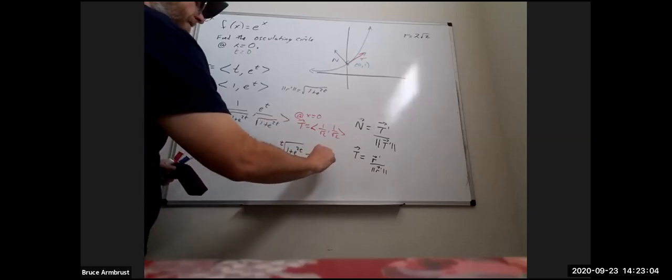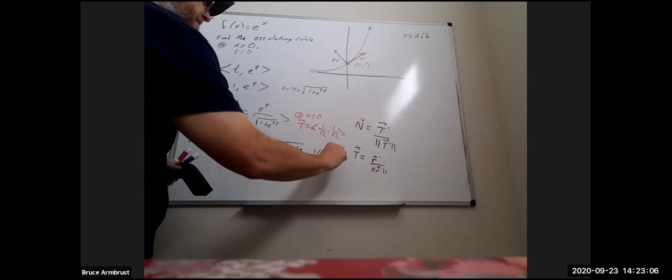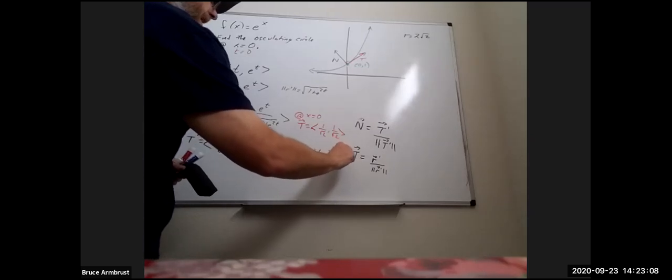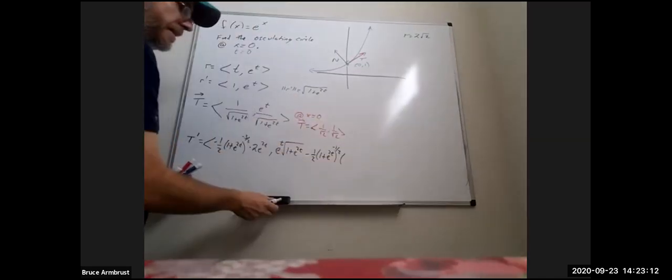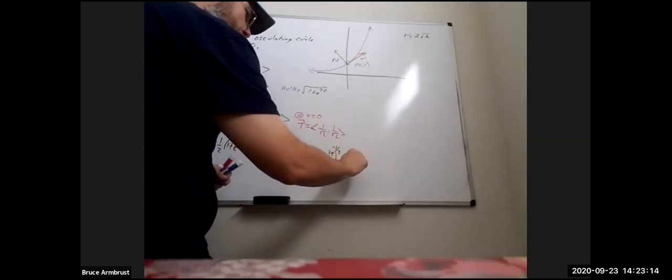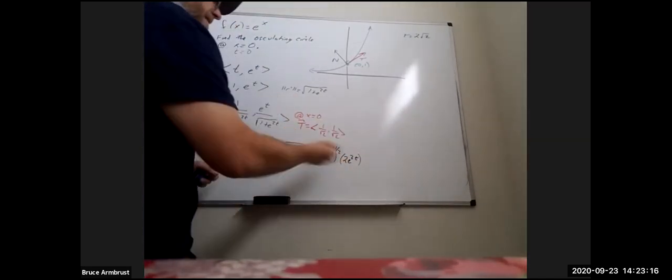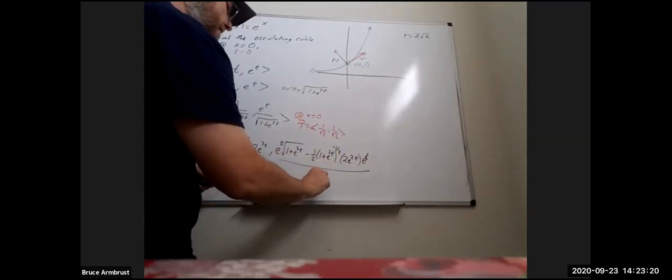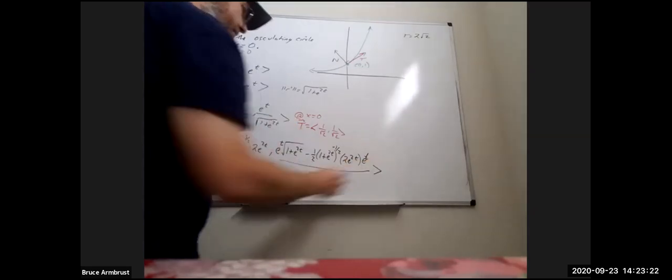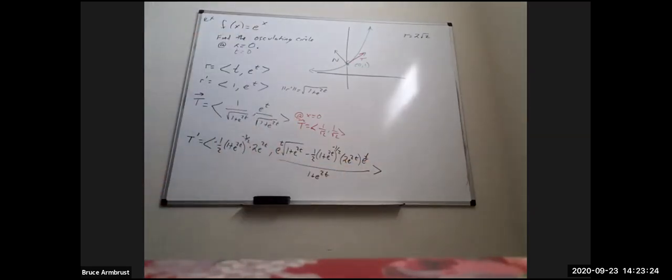Well, the bottom is a 1/2 times 1 plus e to the 2t to the minus 1/2 times 2 e to the 2t times the top, e to the t, over the bottom squared. So I'm pretty sure my derivative is right there.